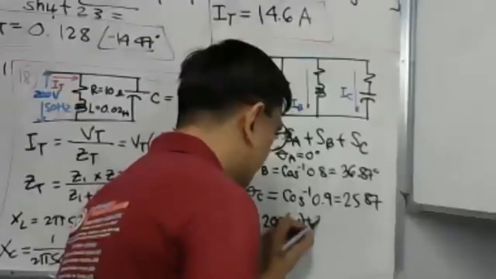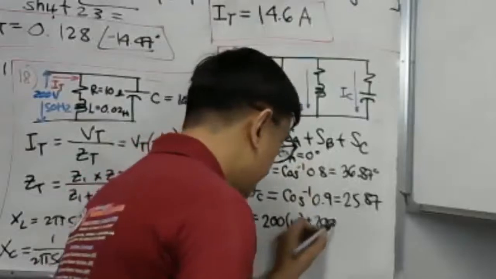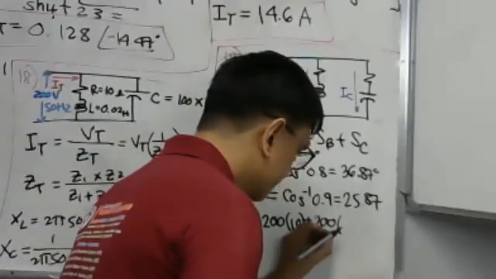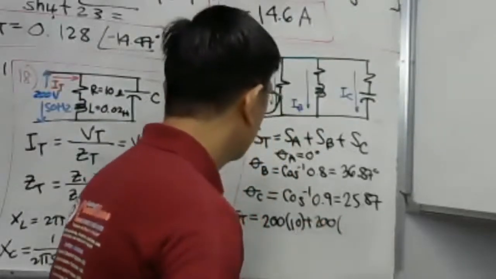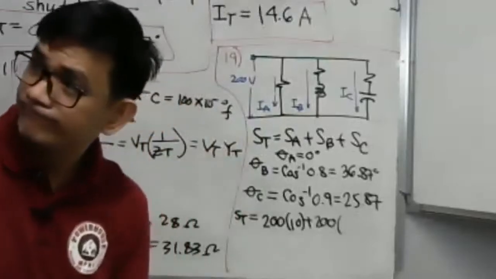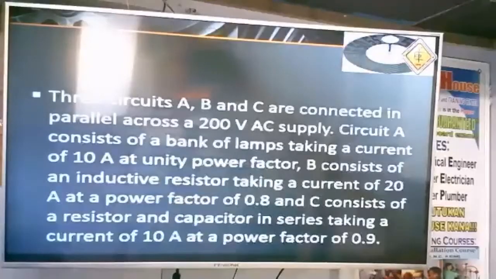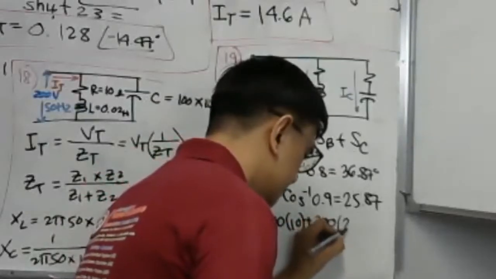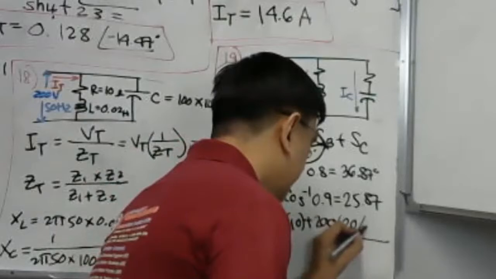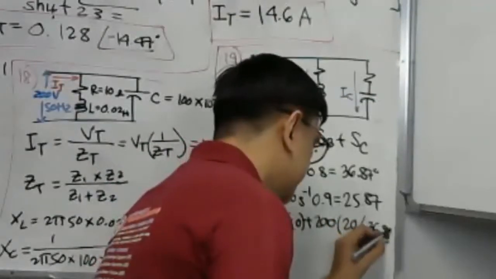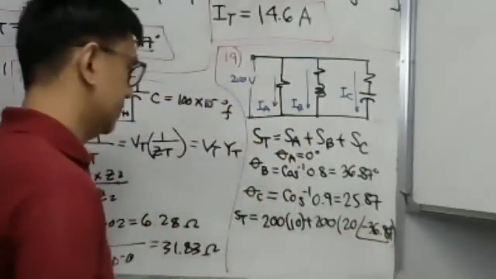Then plus 200 again for our SB. The current is 20, at an angle of negative 36.87 degrees.